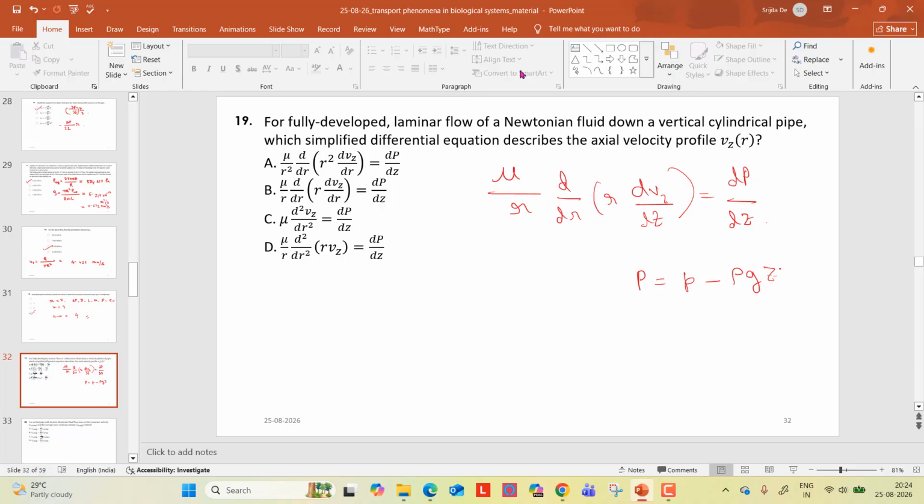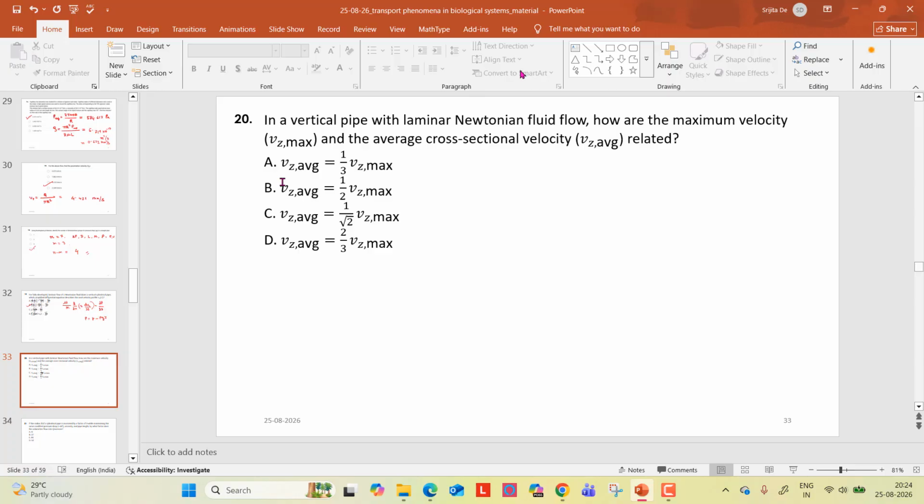So this will be answer B. Next. In a vertical pipe with laminar Newtonian fluid flow, how are the maximum velocity and the average cross-sectional velocity related? For pipe flow we have calculated that Vz average and Vz max are related by half, right? So for the vertical pipe also it is half.